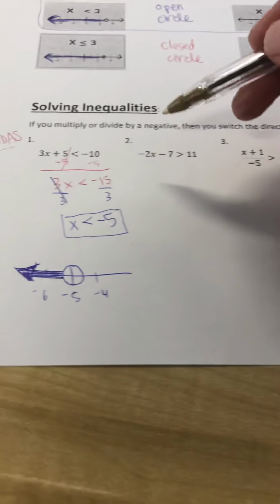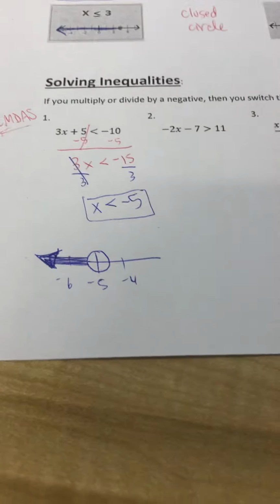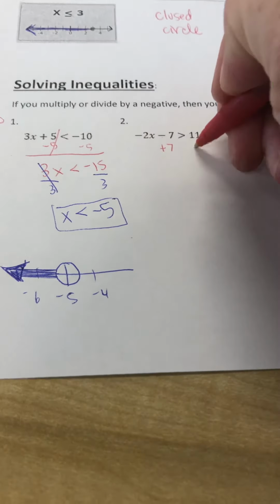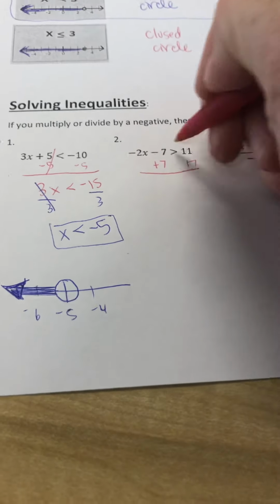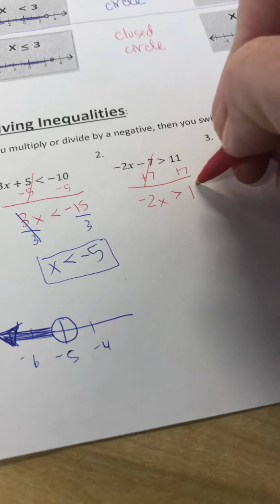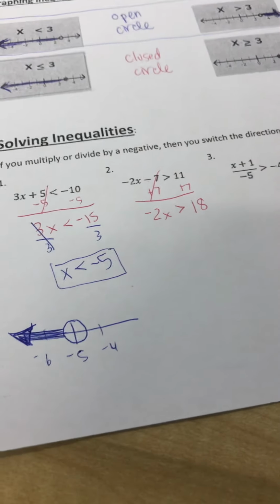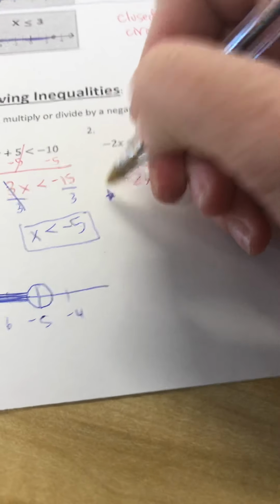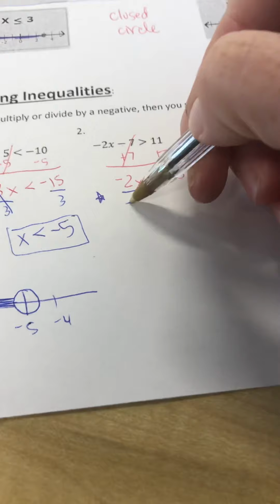Next problem, we have negative 2x minus 7. Because it says minus 7, I'm going to add 7 to both sides. So I've got negative 2x is greater than 11 plus 7 is 18. Right here, this is a common problem. I'm going to put a little star here because I'm going to divide by a negative 2.